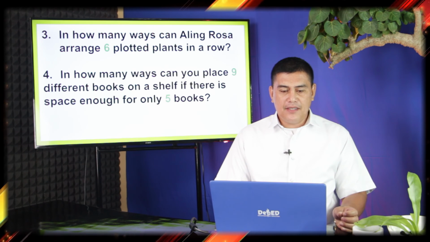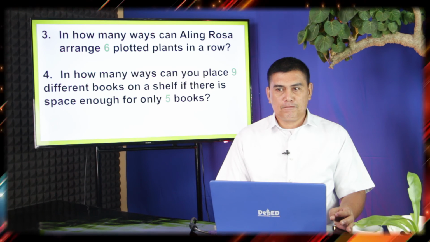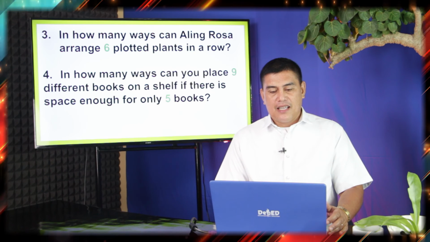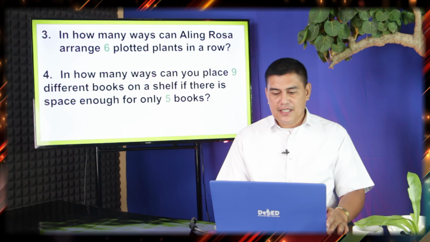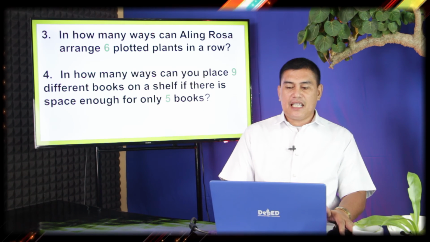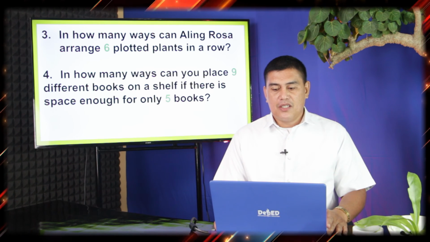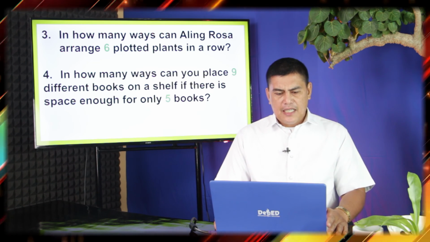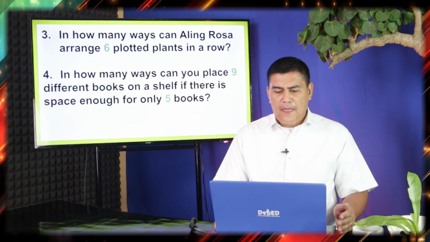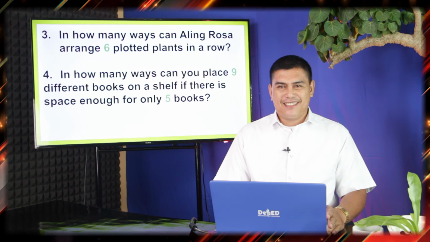In 5 seconds. 5, 4, 3, 2, 1. Okay, time is up. The correct answer is 6 times 5 times 4 times 3 times 2 times 1 equals 720.